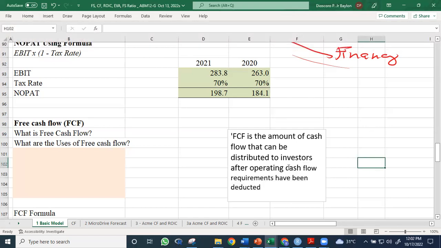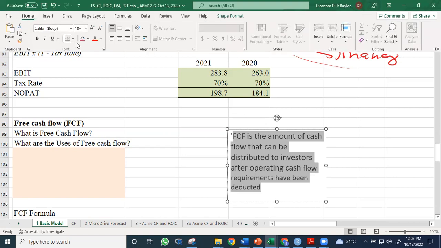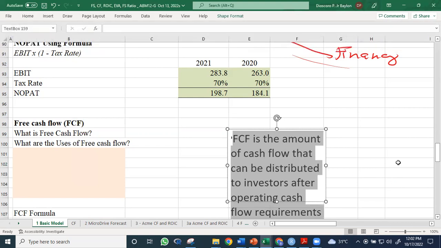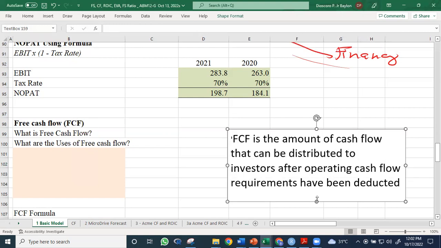So free cash flow is the amount of cash flow that can be distributed to investors after operating cash flow requirements have been deducted. Nabawas na yung mga cash flow requirements for operations. Then kung ano man yung natitira, which can be distributed to investors, that's what we call your free cash flow.